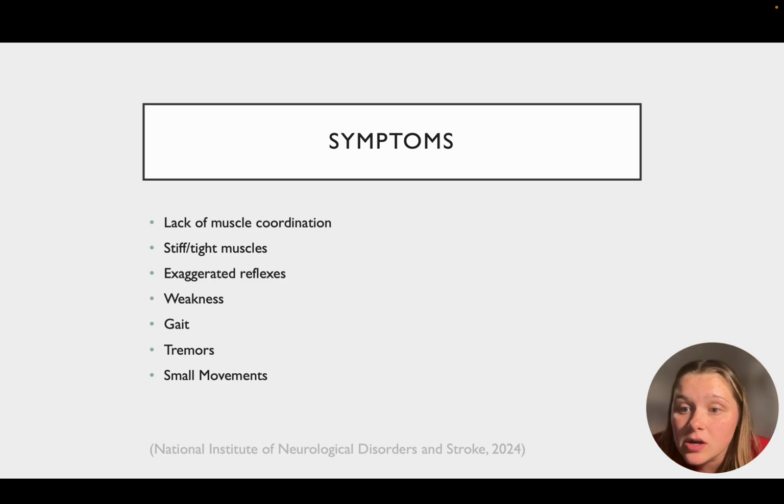People with CP also have difficulty with small, precise movements, like writing with a pencil or buttoning a shirt, something that requires a lot of precise movement.